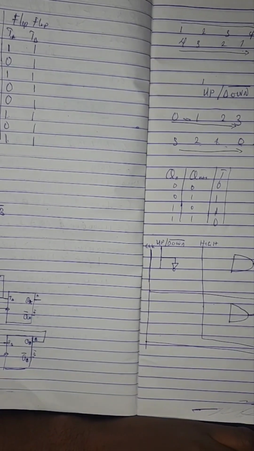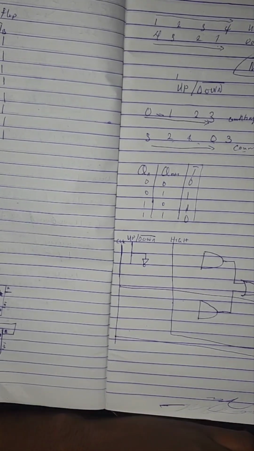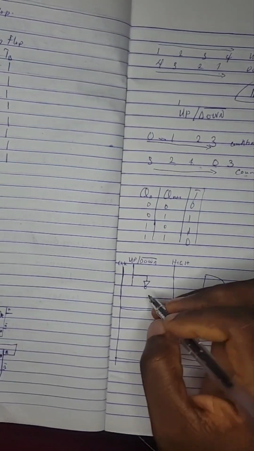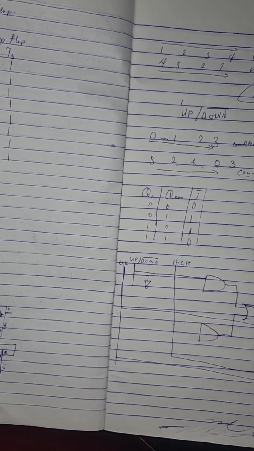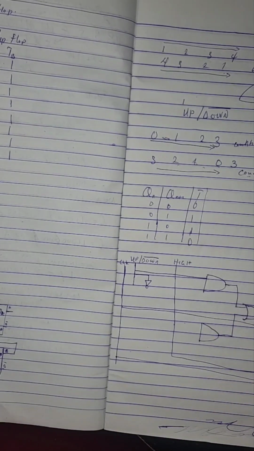The first AND gate has up down and B. So we have a line from up down straight to this place, and B, let's see, where can we take B?